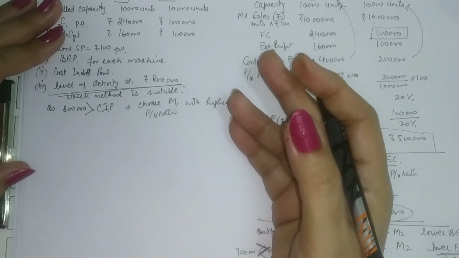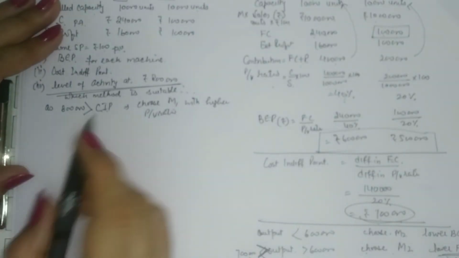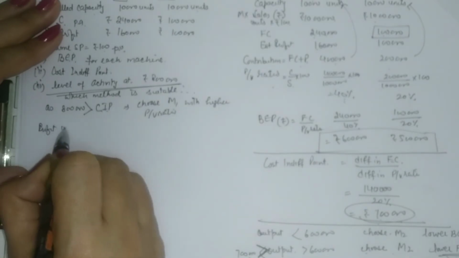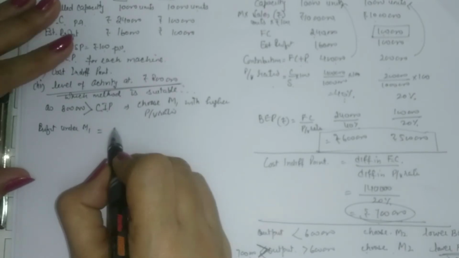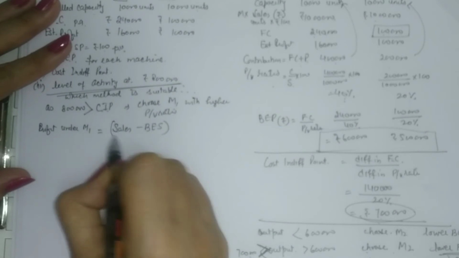Now, how will you explain it? You can show the calculations and then explain why this method is better. Now, the profitability under method 1. Profit is calculated as sales minus break-even sales, into PV ratio.